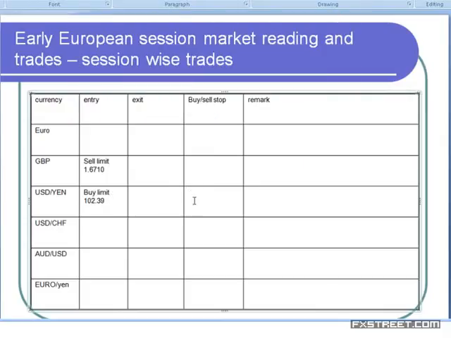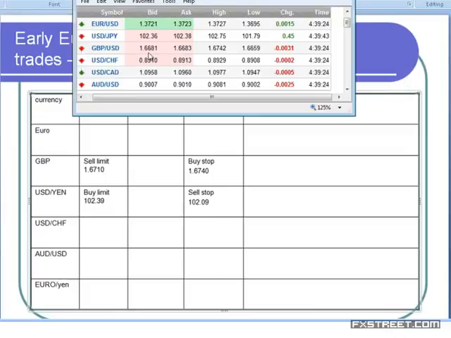So for a buy limit, I will keep a sell stop 30 pips below, and for the sell limit, I'll keep a buy stop 30 pips away from the entry.